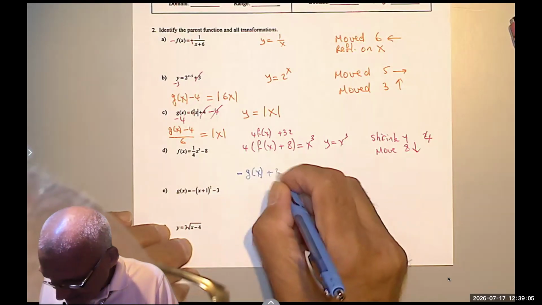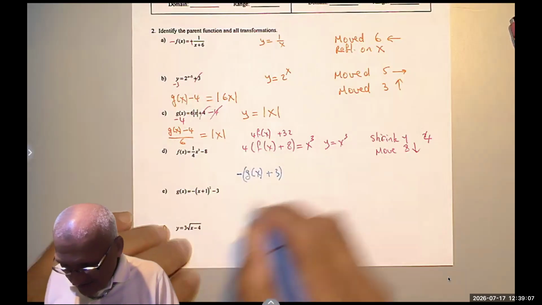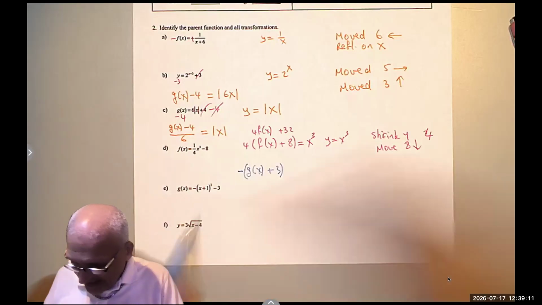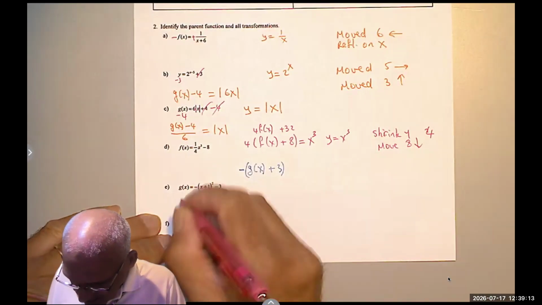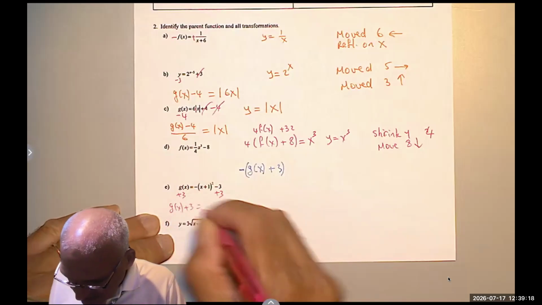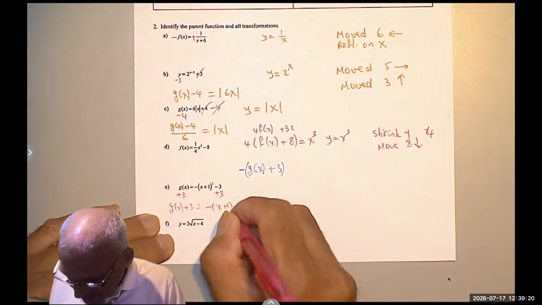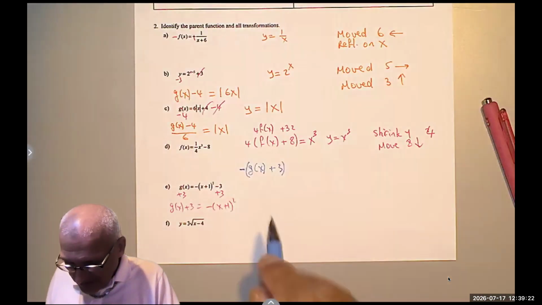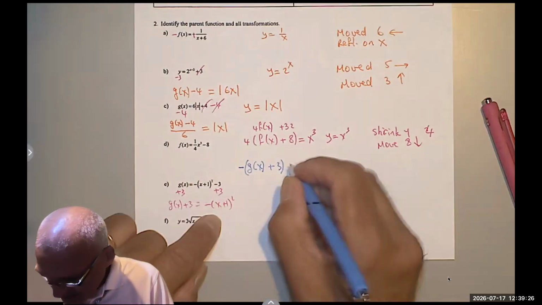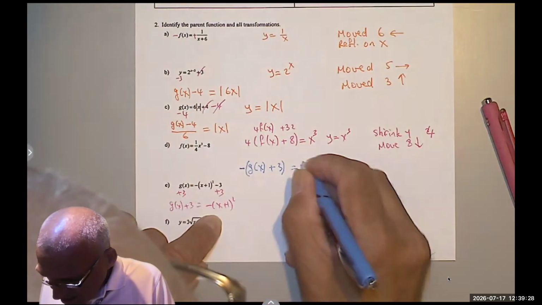So g of x plus 3 equals negative x plus 1 squared. And then I'm going to multiply both sides by -1. Of course, I will have to put this between parentheses: equals x plus 1 squared.